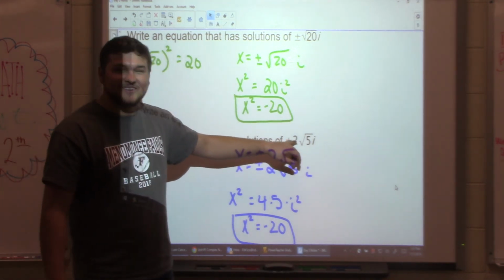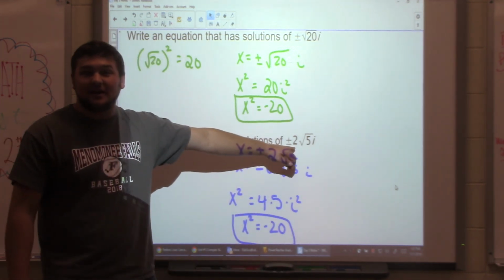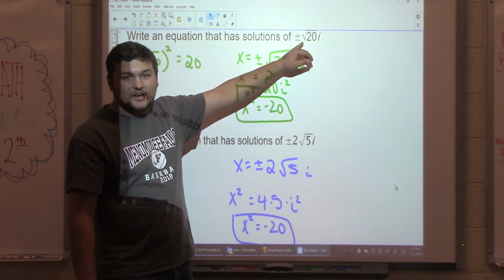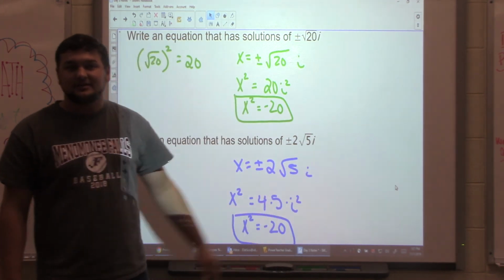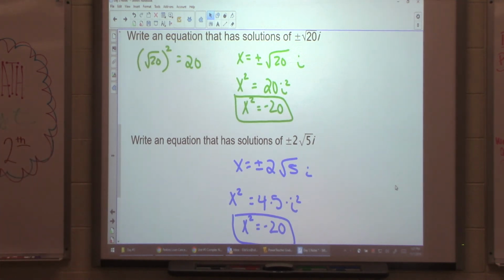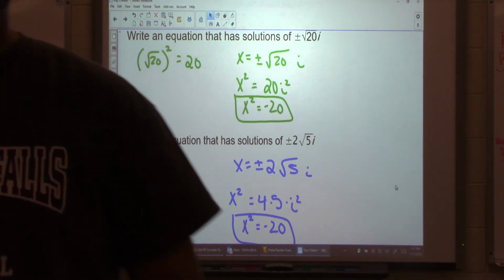I understand what you're saying, yes. This is simplified radical form, right? This is the same thing as the square root of 20 if you take out the 4 and take the square root of it. So they're the same thing. So sometimes you will get the same answer when we write equations because some of them are in simplified radical form, some of them aren't. Cool? Any questions? That is the last new learning we have for this unit. Alright. That's it.